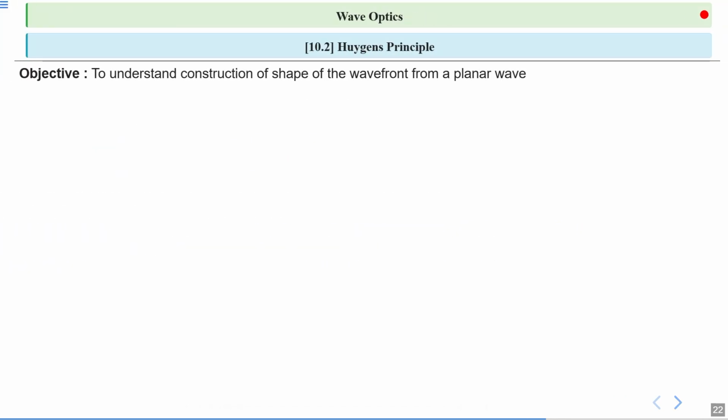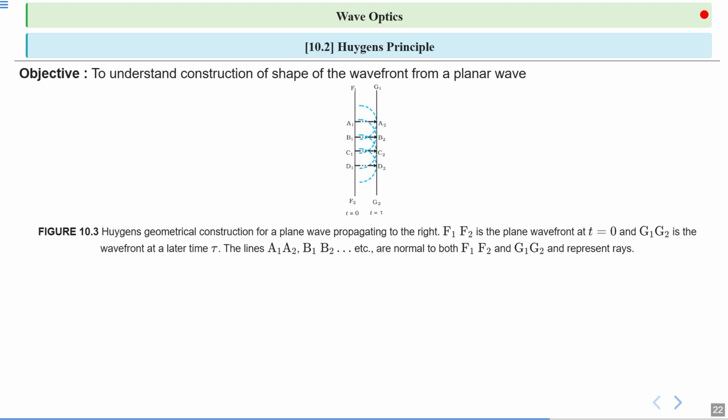So here our objective is to understand the construction process, which is crucial for grasping how waves propagate through different media. Let's start by looking at figure 10.3. The diagram illustrates Huygens geometrical construction for a plane wave moving to the right. Notice the initial wavefront labeled F1, F2 at time t equals 0. This is our starting point for understanding wavefront propagation.